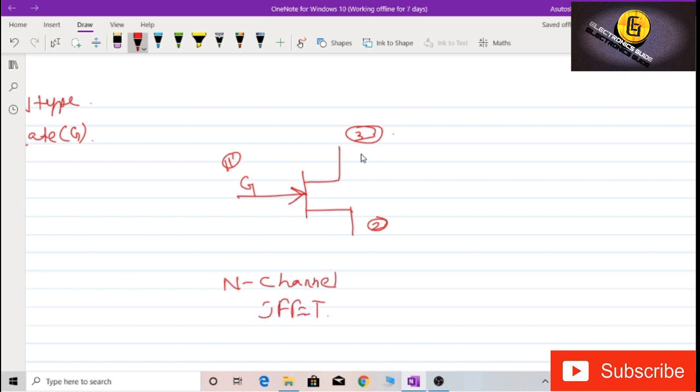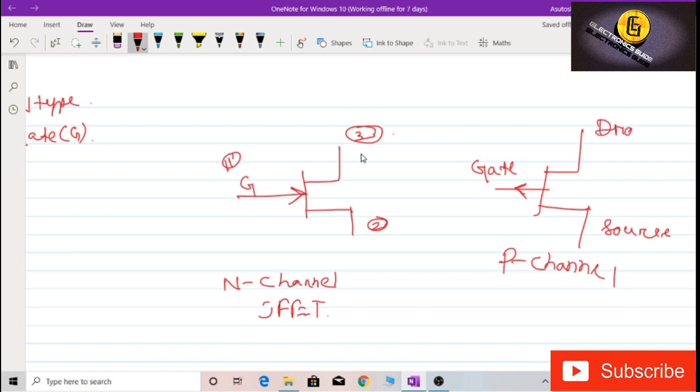If the arrow is outward, something like this, then this is a P-channel JFET. The terminal having the arrow mark is the gate, and one is source and the other is drain. How to differentiate source and drain? There is no problem. If we interchange the source and drain, there is no effect on the physical behavior of the JFET.